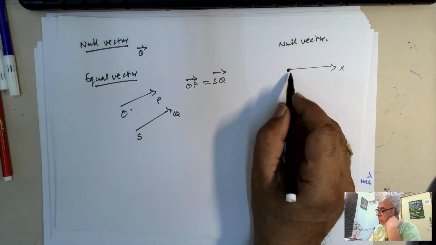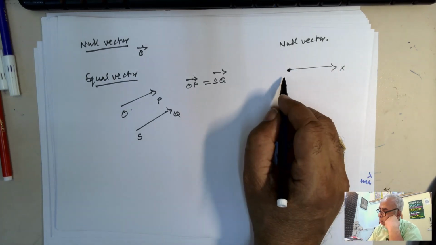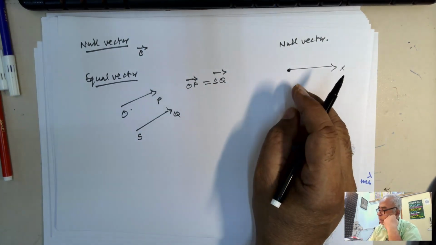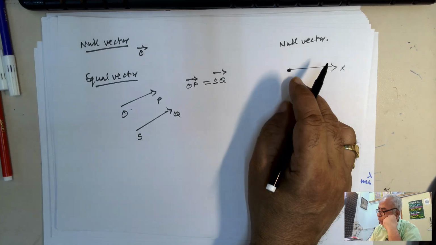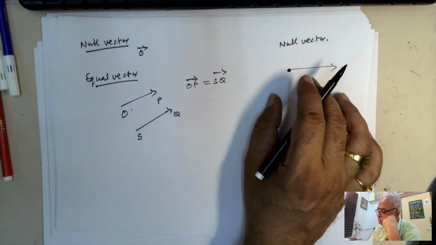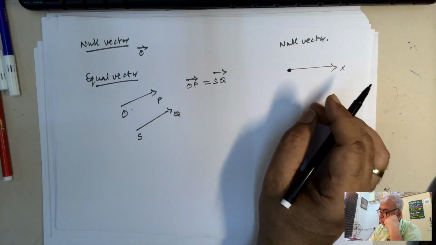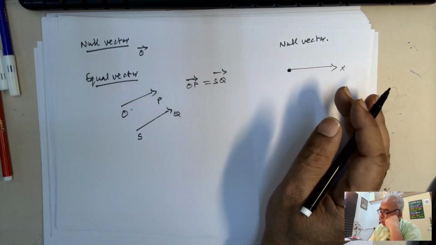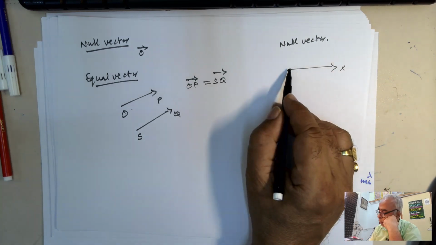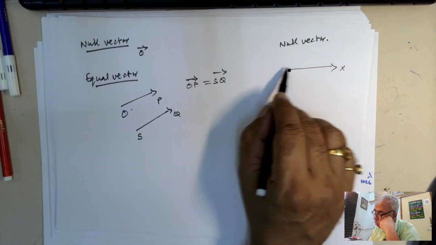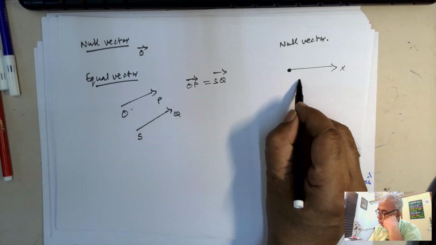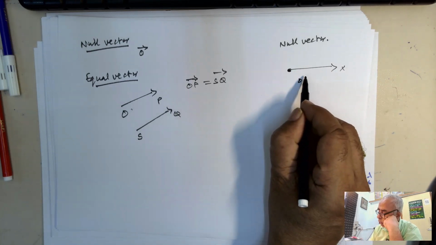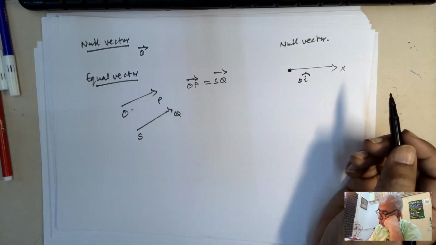A vector can be identified only by the displacement. There should be some change in position. If there is no change in position, but it has the tendency to go toward the x-axis, and we are sure about the x-axis, we can call this null vector 0 I vector also.